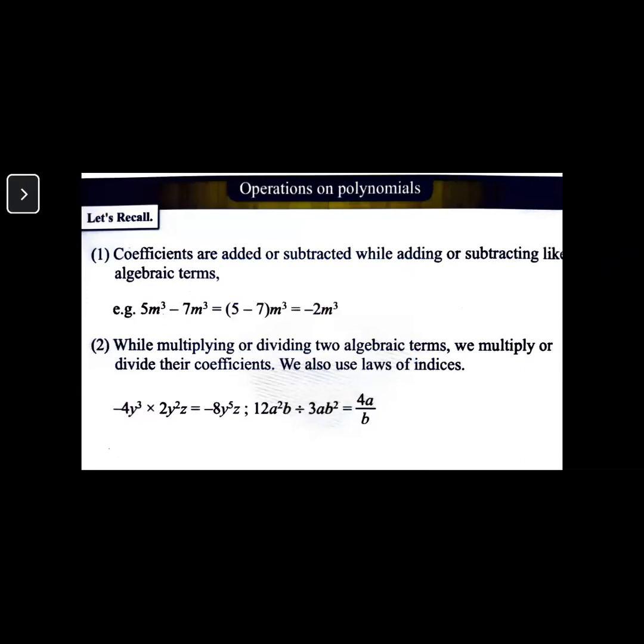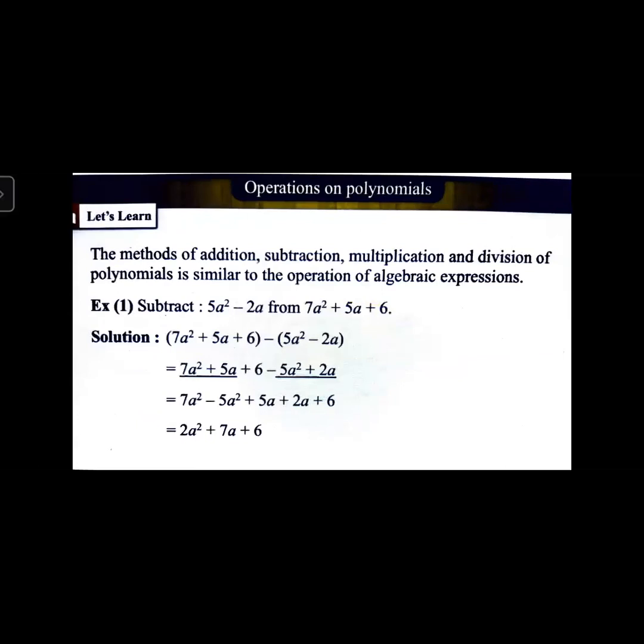We will see some more methods. The methods of addition, subtraction, multiplication and division of polynomials are similar to the operations on algebraic expressions.